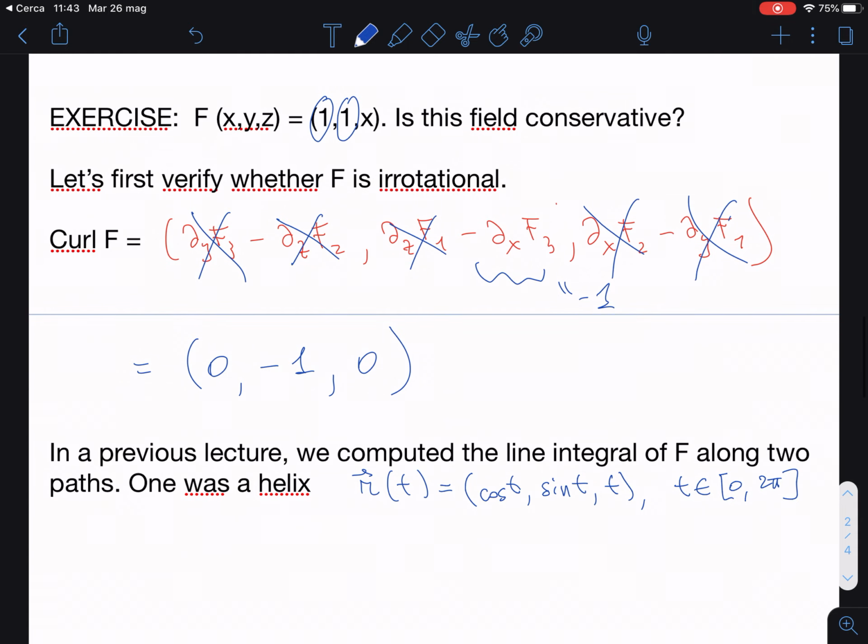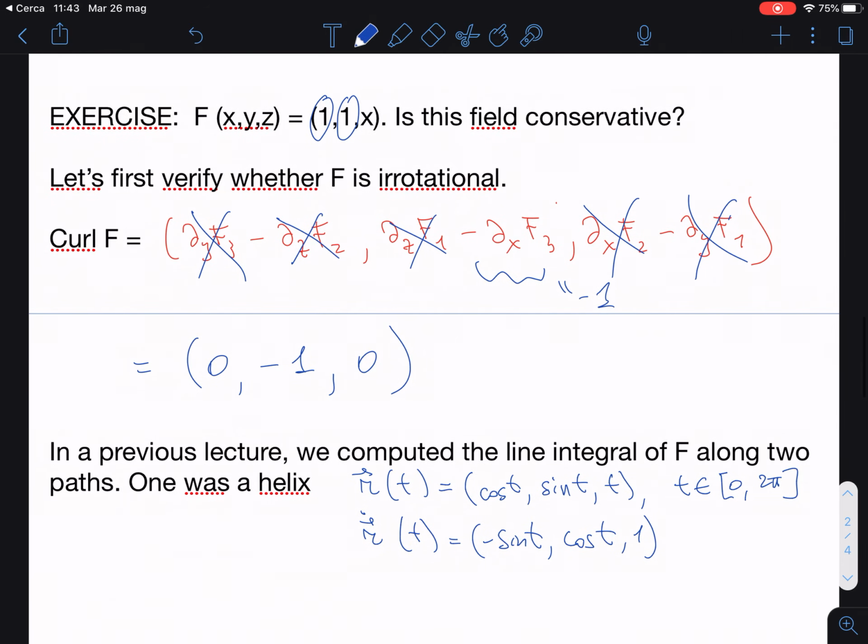So r dot of t was minus sine of t, cosine of t, 1, and F of t along the curve r of t was 1, cosine of t.